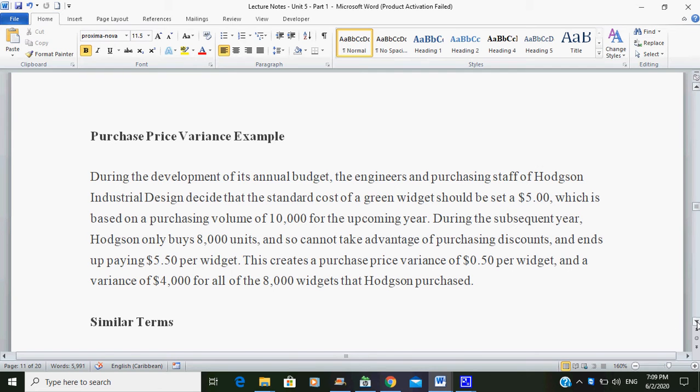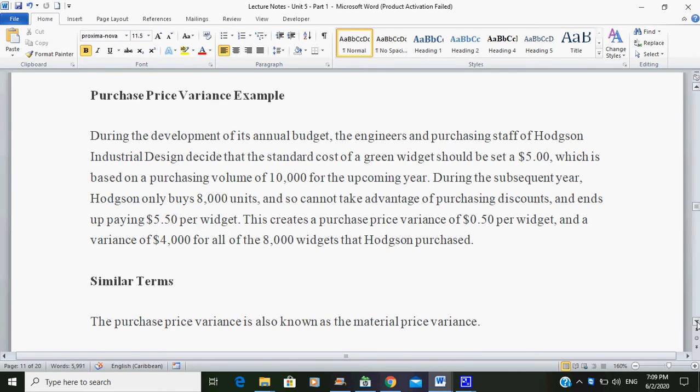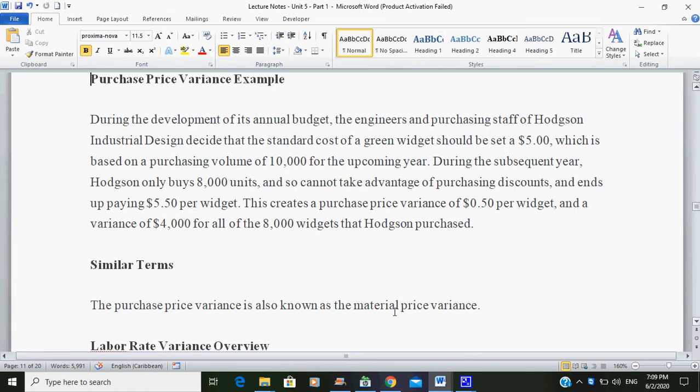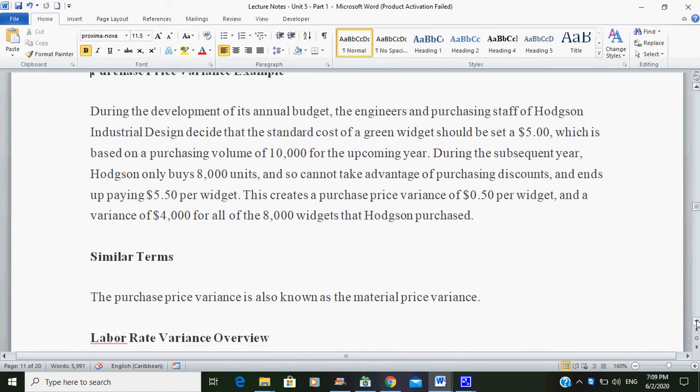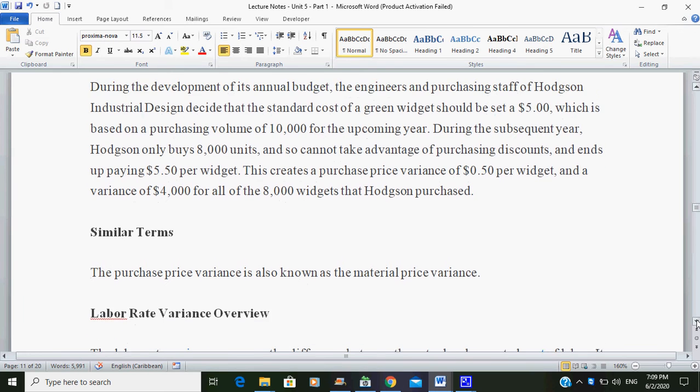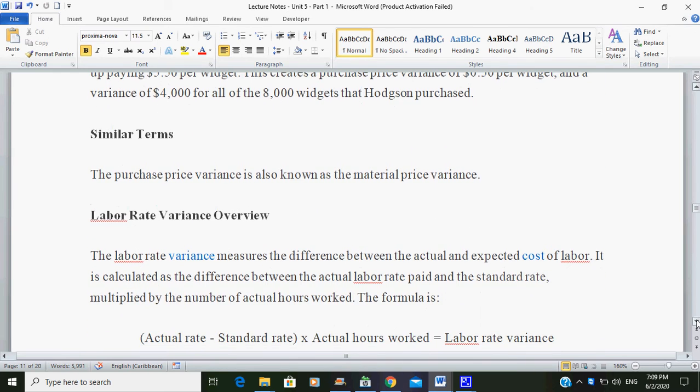We look at labor rate variance now. The labor rate variance measures the difference between the actual and expected cost of labor. It is calculated as the difference between the actual labor rate paid and the standard rate multiplied by the number of actual hours worked.